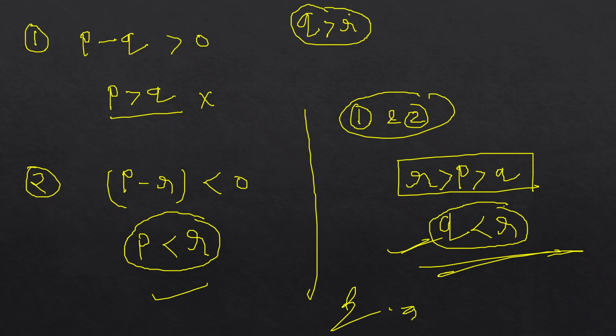So what is our correct answer? We have to check statements 1 and 2 together to find out the answer. And as per the question, is Q greater than R? No, Q is less than R.